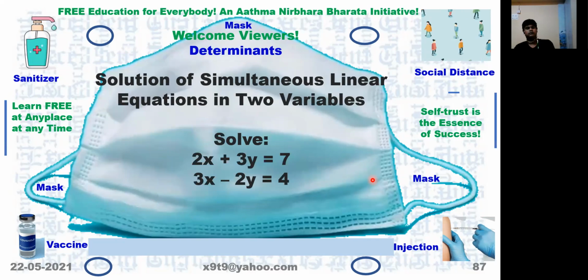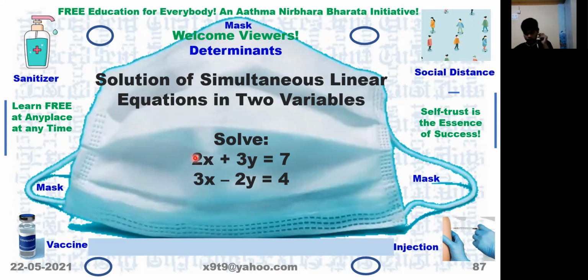Now we will use this determinant for solving two variables, what is called the solution of simultaneous linear equations in two variables. Here it will be given like this: solve 2x plus 3y is equal to 7, 3x minus 2y is equal to 4. These are not two different problems.